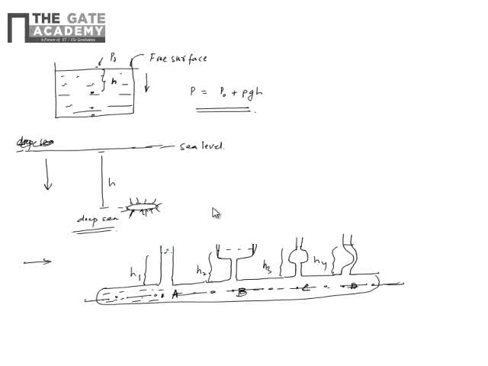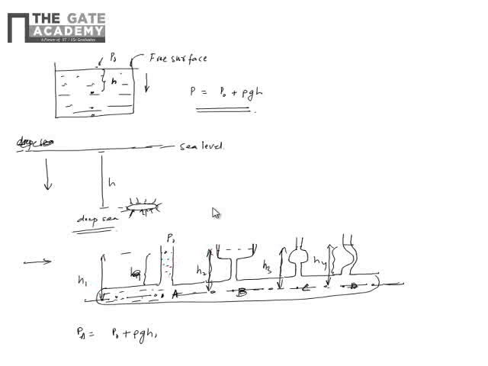Now we can see that, consider beaker 1, and here we have atmospheric pressure. So PA will be basically P naught plus rho g H1. Imagine that this height of the free surface is H1, and this is also H2, and this is also H3, and this is H4.